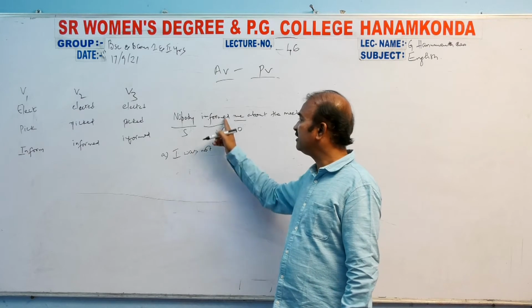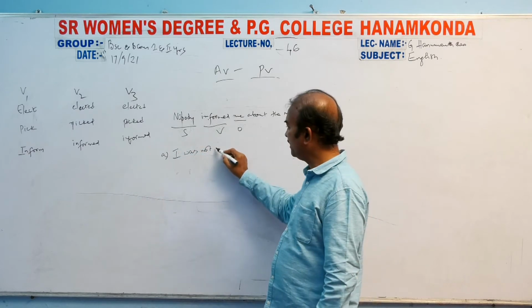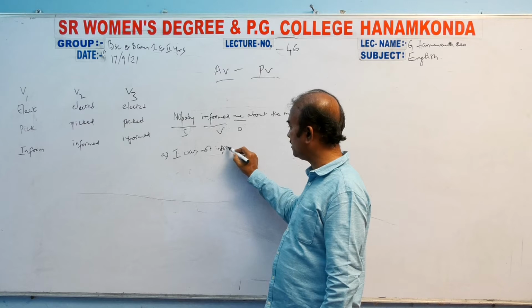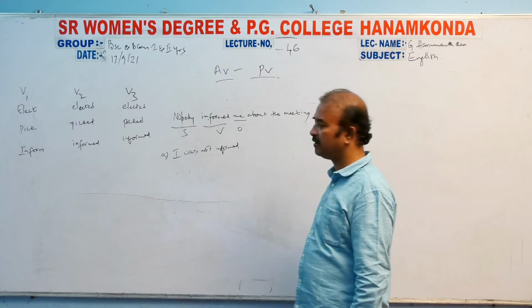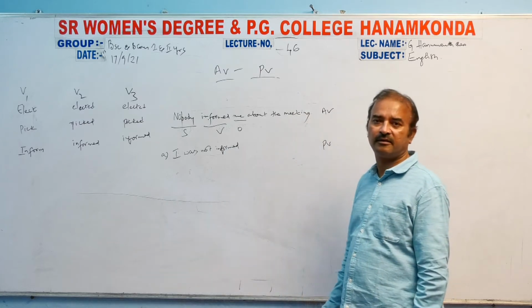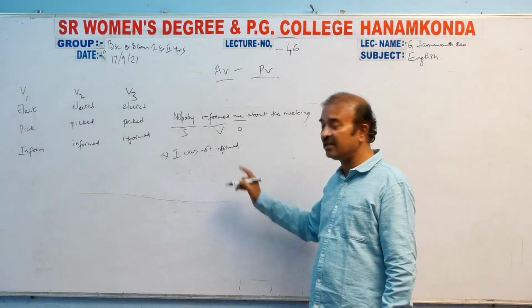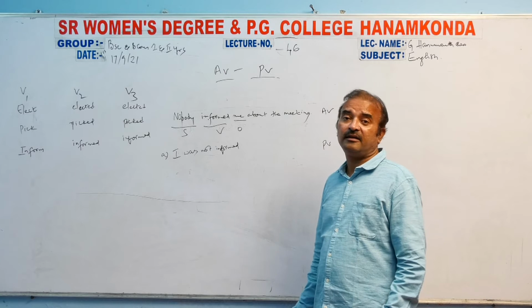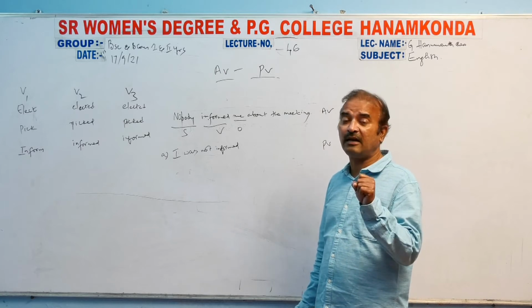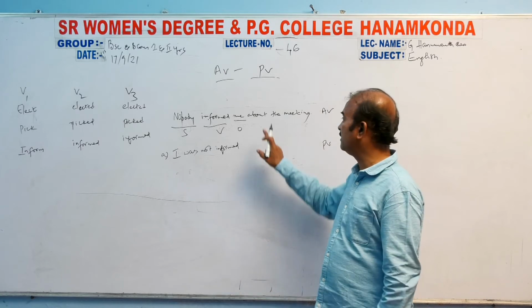I was not. Now, what's the V3 form? Informed. Right? So check this, I was not informed. Informed about what? I was not informed about what?